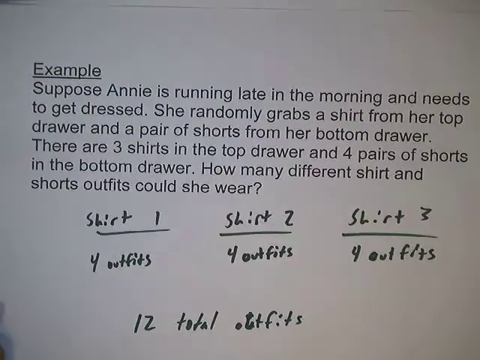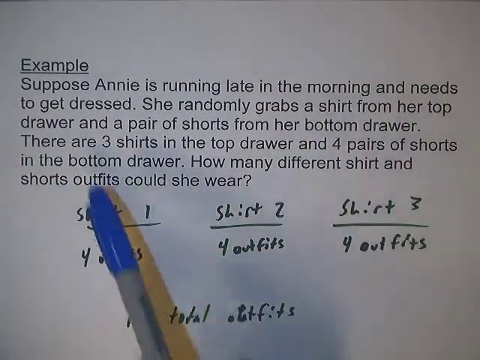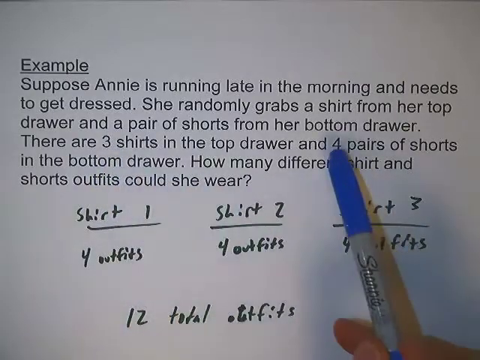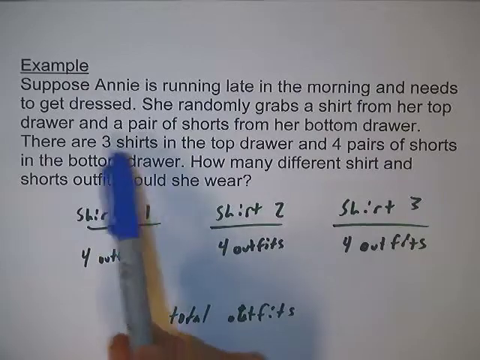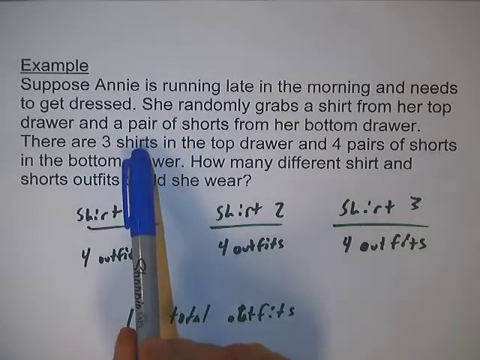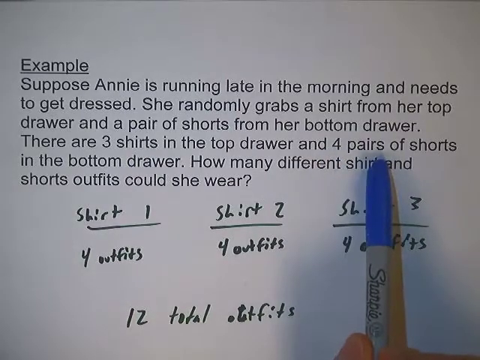Going back to this example again, one experiment would be picking a shirt. Another experiment would be picking a pair of shorts. There are 3 outcomes of the first experiment and 4 possible outcomes of the second experiment.